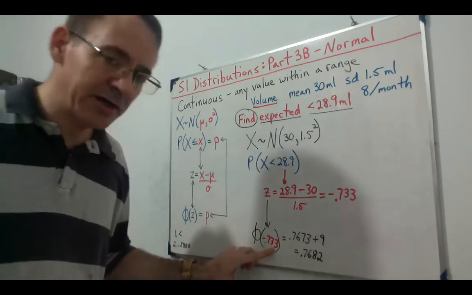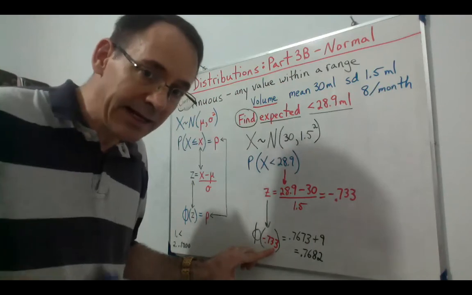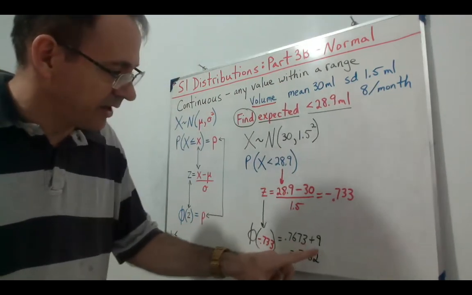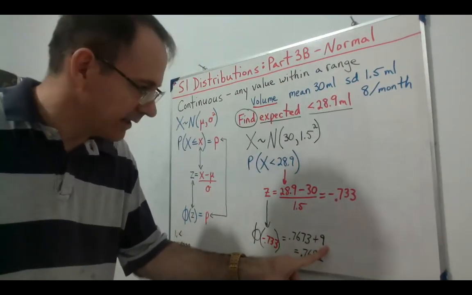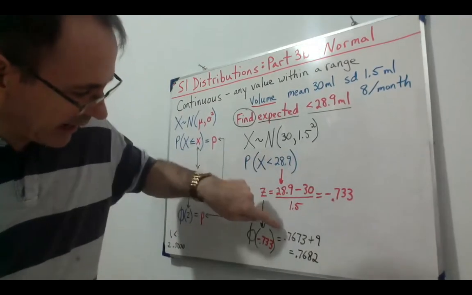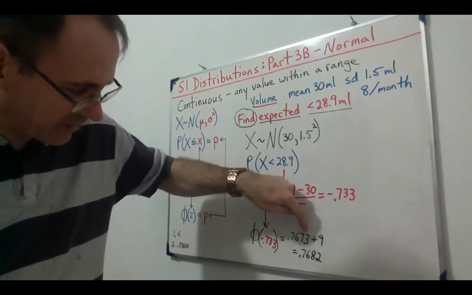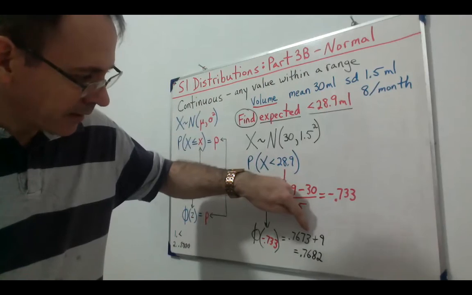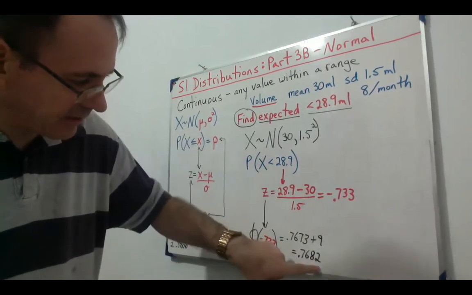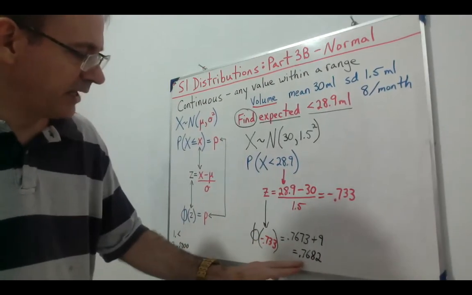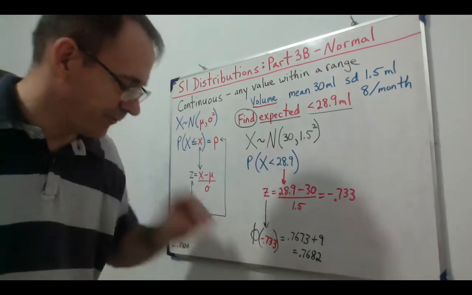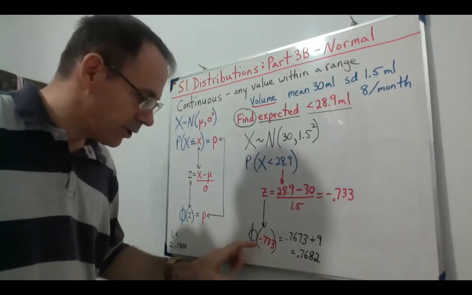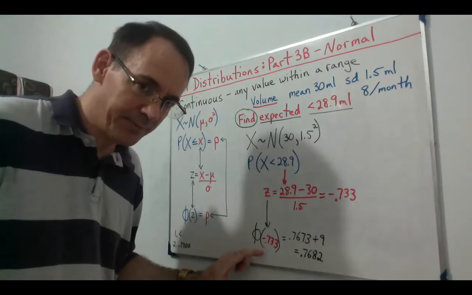And then the third number, which was in the right-hand column, gives us the plus 9. And of course, when we add 9, we're not adding it to the front, we're adding it to this last digit here. So 73 plus 9 is 82, so we get 0.7682.